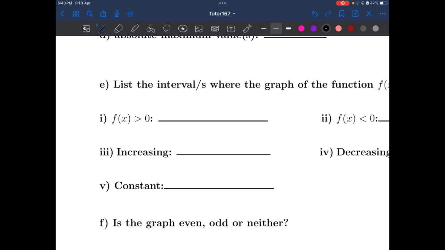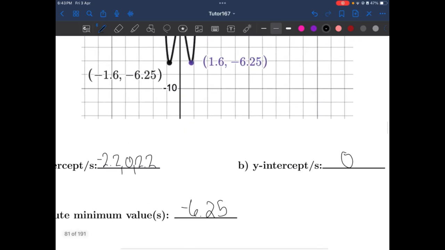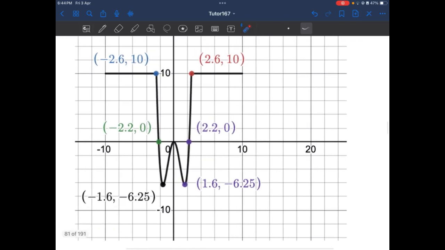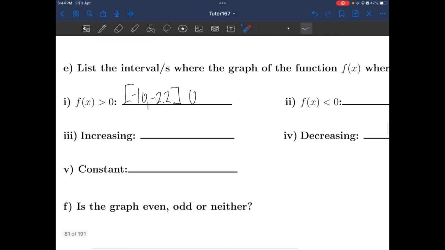So negative 10, negative 2.2, union, because you see there's a little break here where it goes below, but it comes back up above. Listing our x values, we have 2.2 up to 10. So 2.2, 10.